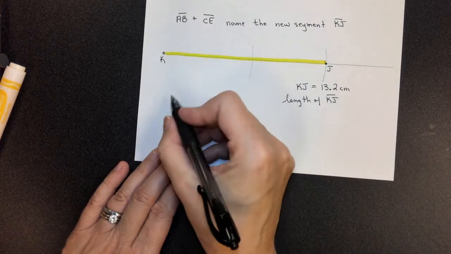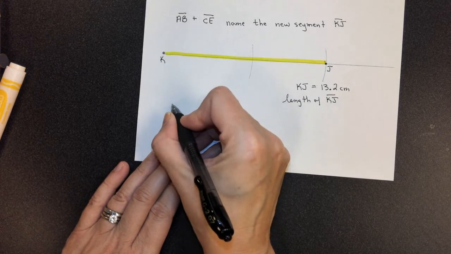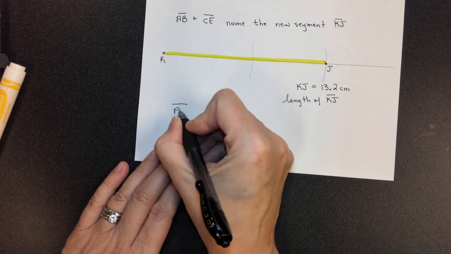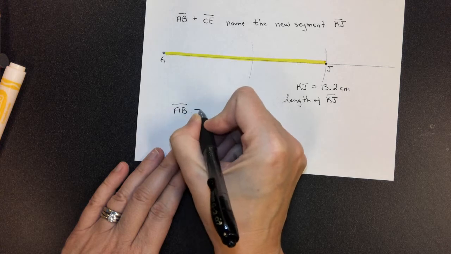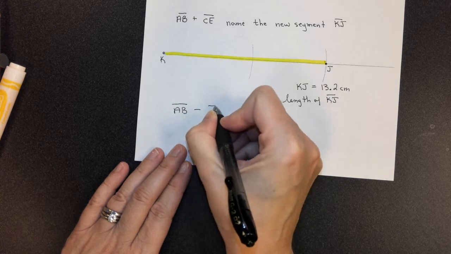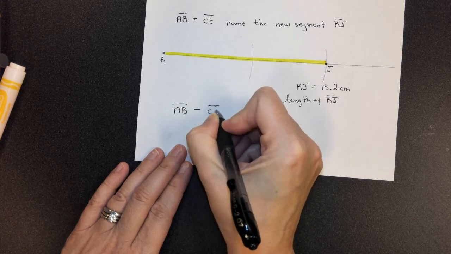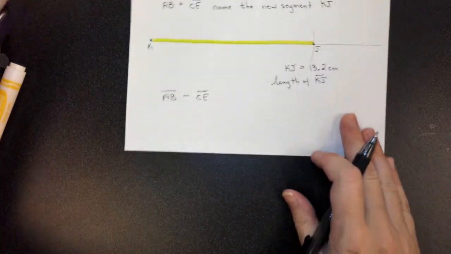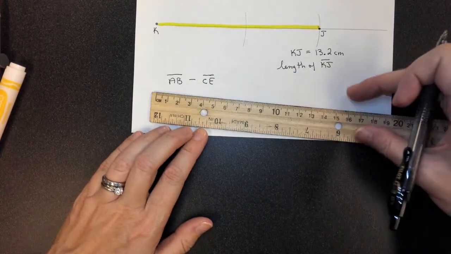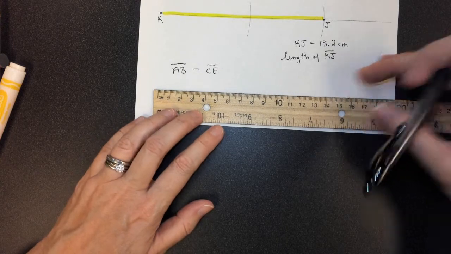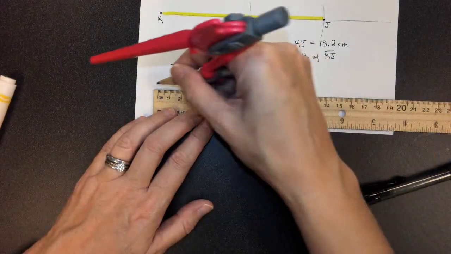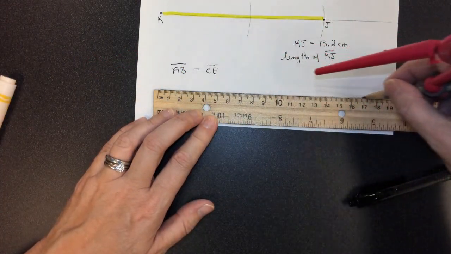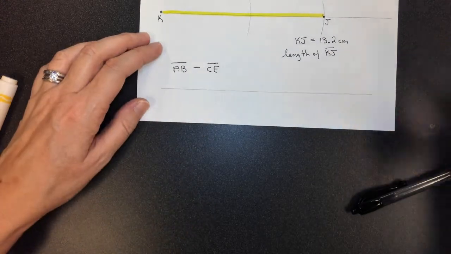The next one is going to be the segment AB, and we're going to subtract CE. We're going to draw another random length line.